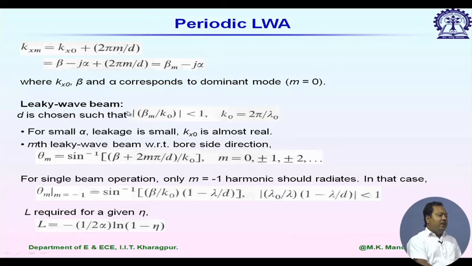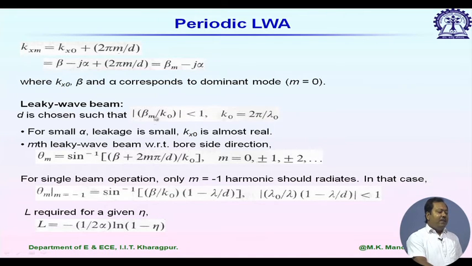For a leaky wave beam, beta by k naught, or beta m by k naught, should be less than 1. Let us say we are considering the mth mode radiating. M can be any integer, positive or negative. Then this mth mode should be a fast wave, otherwise no radiation will come from it.